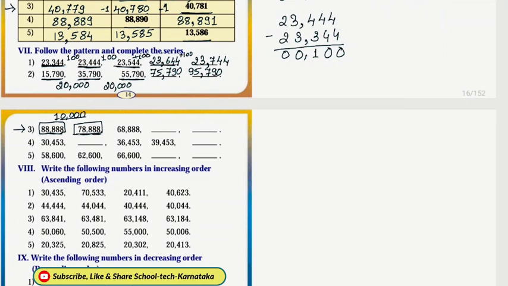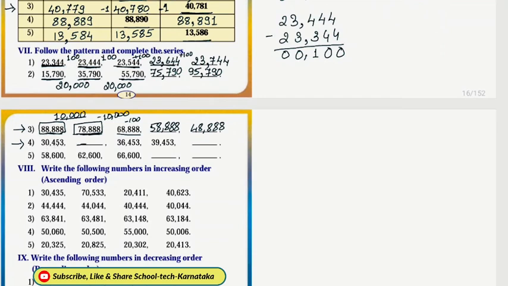When we subtract 10,000 from 78,888, we get 68,888. In the same way, subtracting 10,000 from 68,888, we get 58,888. And the next skip number would be 48,888.